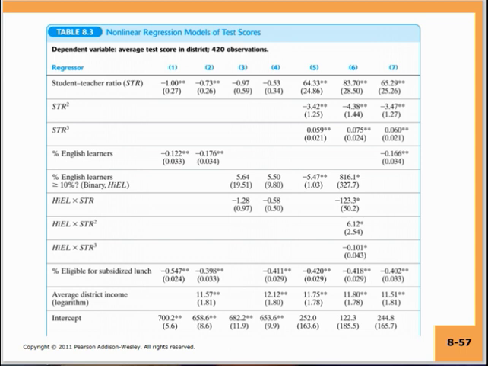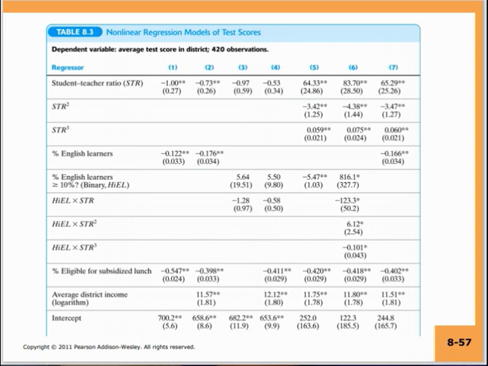In the fourth model, in this third model, you have not included percentage eligible for subsidized lunch and average district income. Here you have included the interaction term also, and these two terms also, percentage eligible for subsidized lunch as well as the log of the average district income.